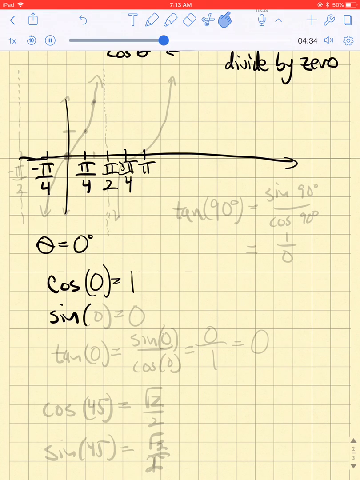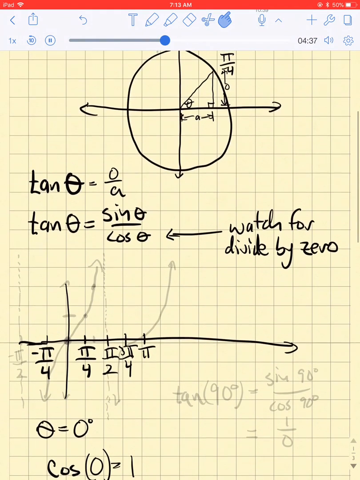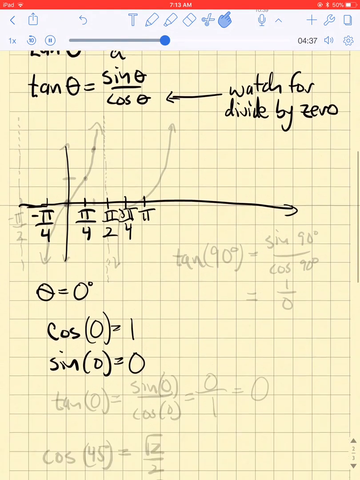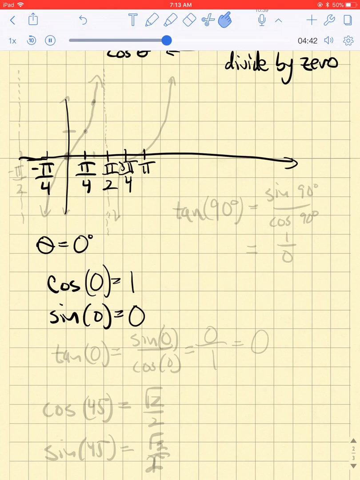Is this allowed in mathematics? The answer is yes, it is allowed. The answer to 0 divided by 1 is 0. So we have our first point on the graph, which is going to be at the origin when the angle theta is 0.